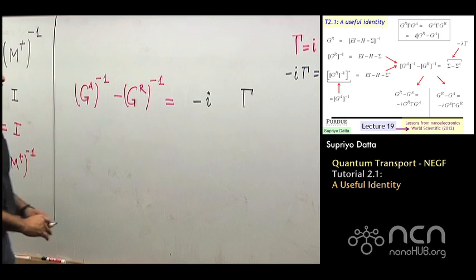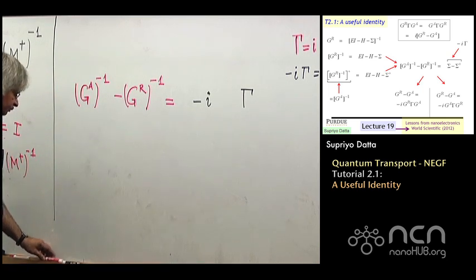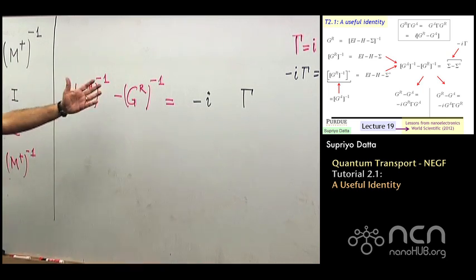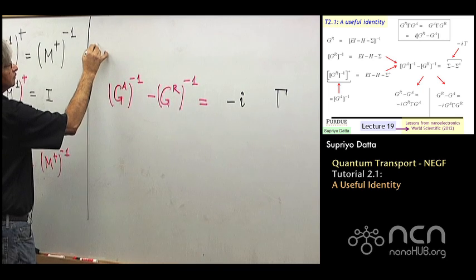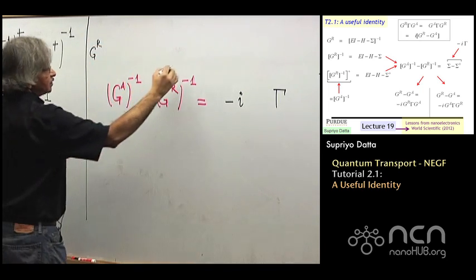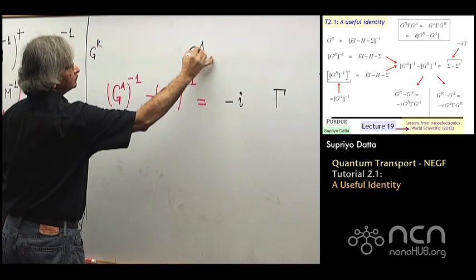Okay. So now what I'm going to do is we will multiply this from the left with, let's say, GR, and from the right with, say, GA.